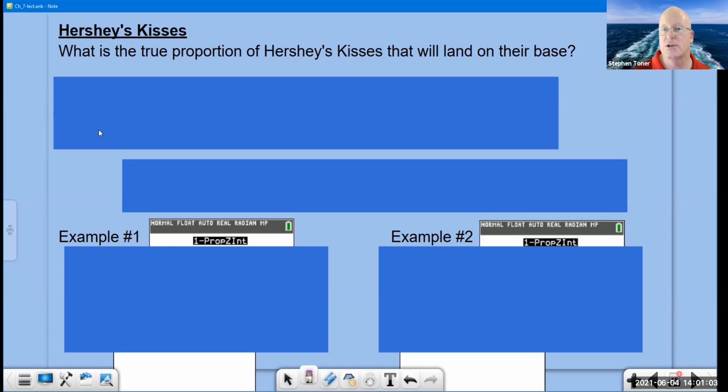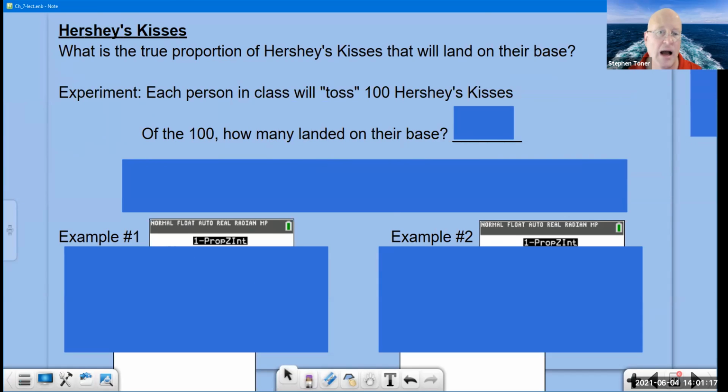So what I would do if we were in the classroom is I'd probably give everybody about 10 Hershey's Kisses. And I'd say, okay, here's a little cup to shake them in and toss them out on the table. And I would ask you the following question. I would say, okay, I want you to toss 100 Hershey's Kisses. So I'd give you 10, and you would do 10 at a time, count how many land on the base, 10 at a time again, until you got 100 of them.